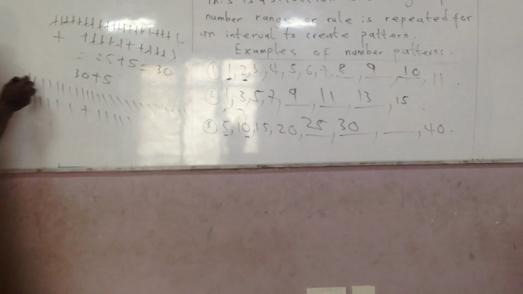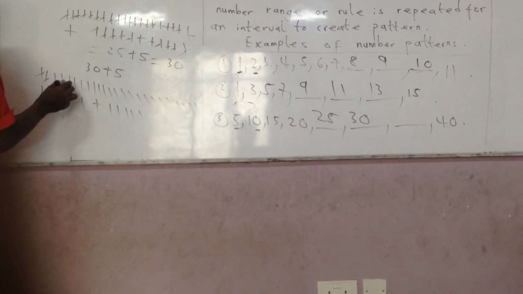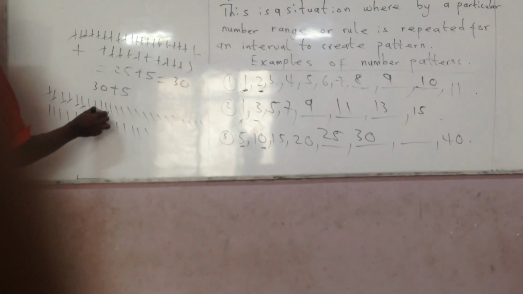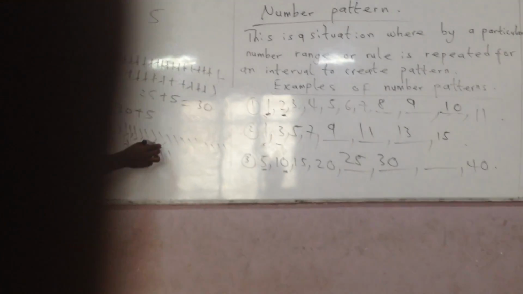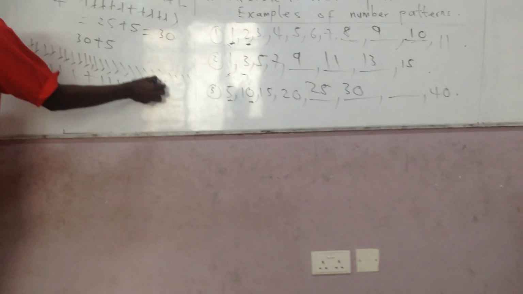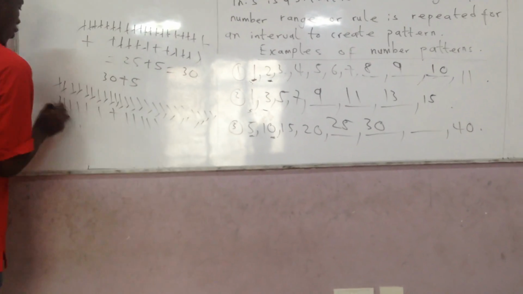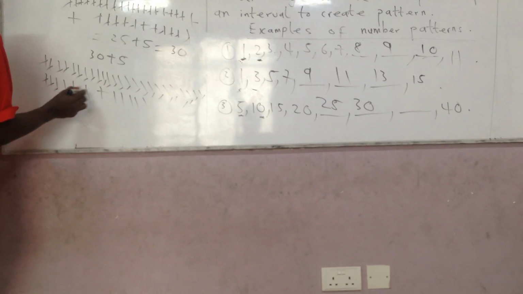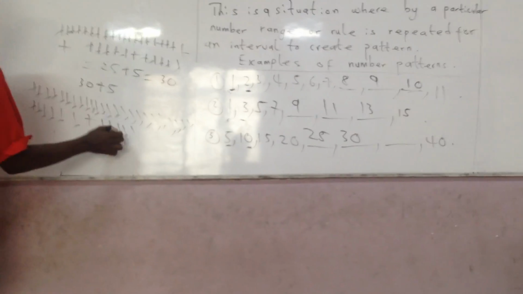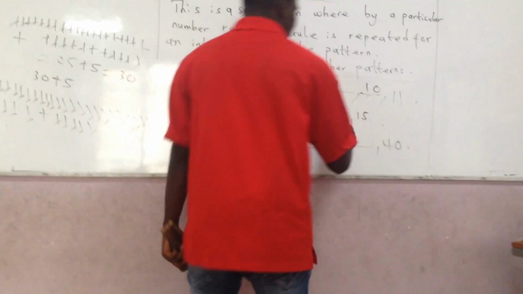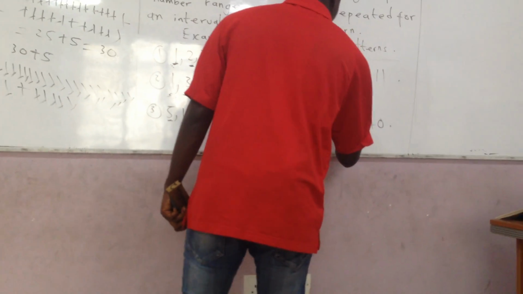Let's count all together: 1, 2, 3, up to 30, 31, 32, 33, 34, 35. So we have 35.